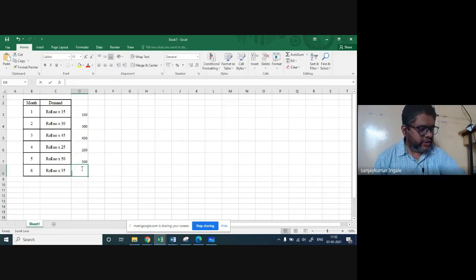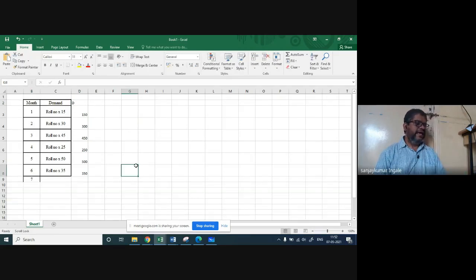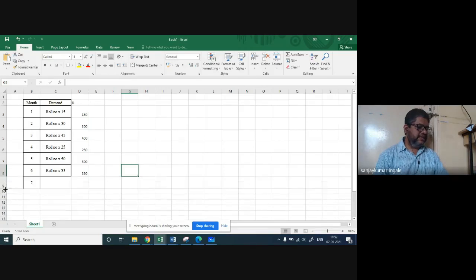Just multiply by 10 and then we calculate the demand. So you need to rewrite the table like this. Now this was the demand for the first 6 months, and now I want to estimate the demand for the 7th month. Here it was a combination of 3 problems altogether.